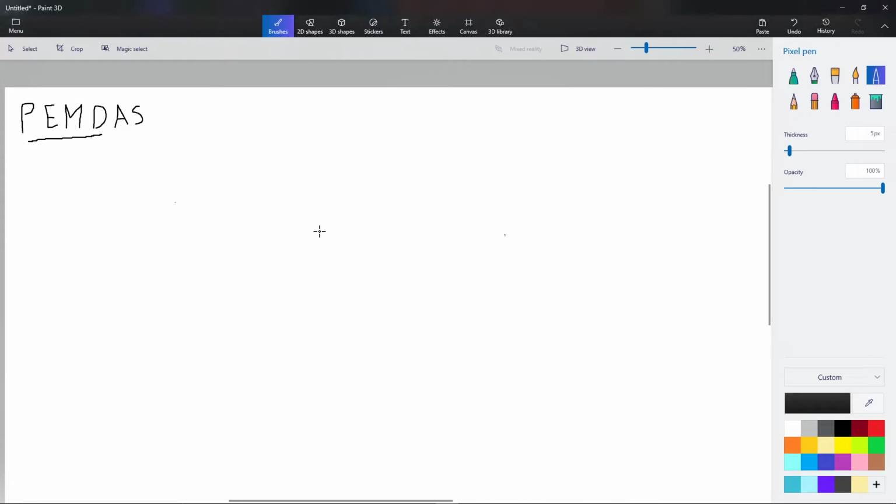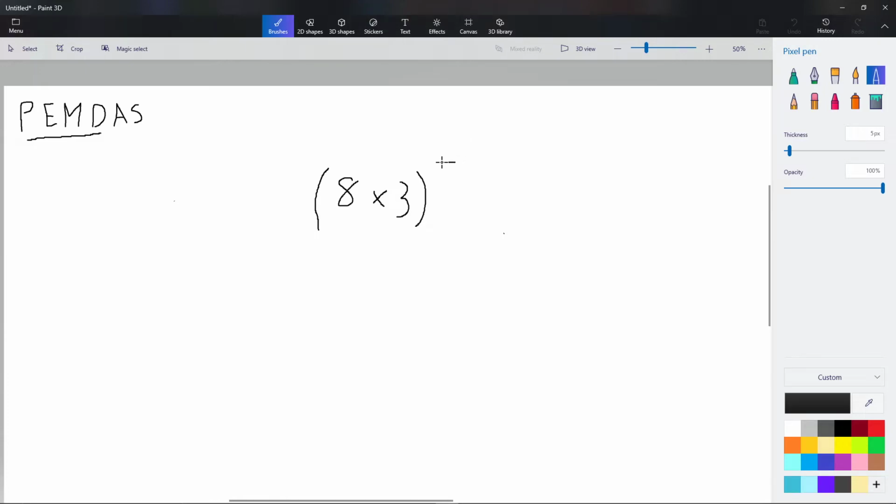we have parentheses 8 times 3 to the second power. Let's just get this over with. So the first thing we need to do before we start anything, actually let me change this.